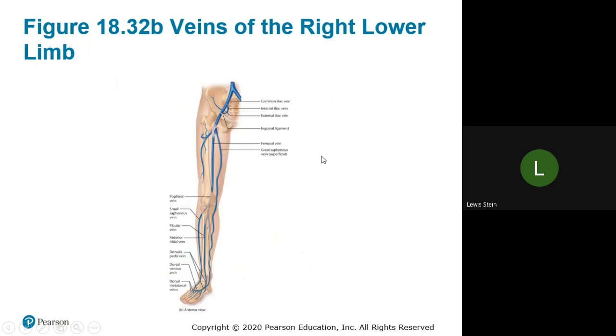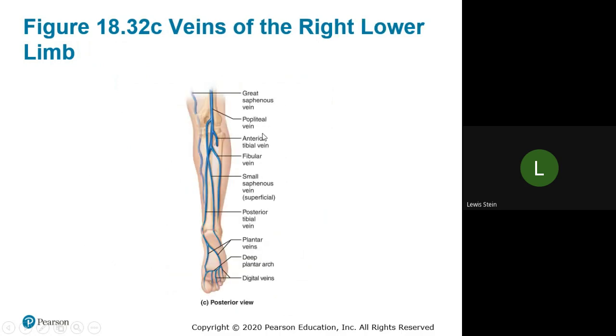And then the lower extremity, again, fairly straightforward, coming up from the foot. Okay, you have dorsal veins, plantar veins, coming together from the saphenous, the superficial system, eventually into the popliteal, or up here into the femoral vein, and eventually leading into the external iliac veins, common iliac, and vena cava. And I just showed you a little bit better here. That's it.